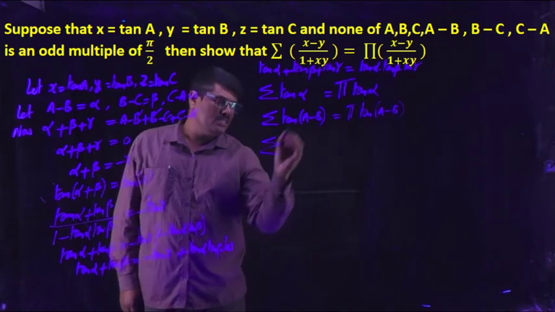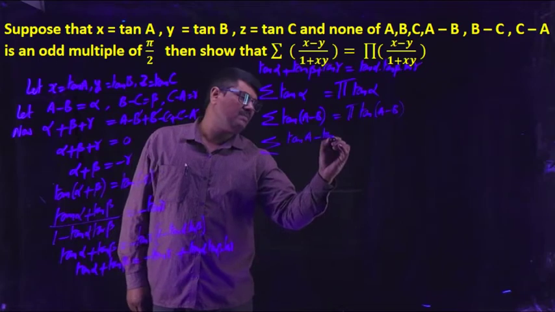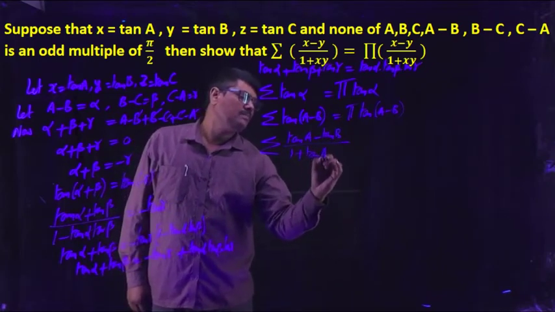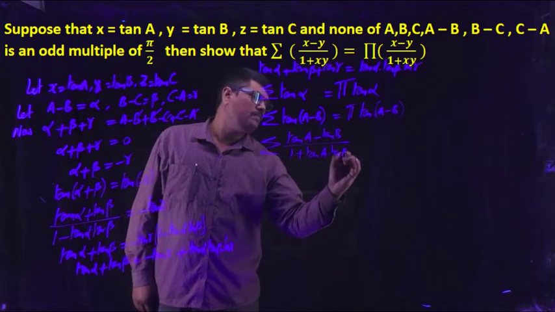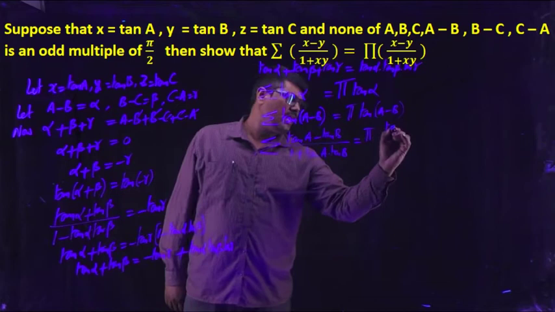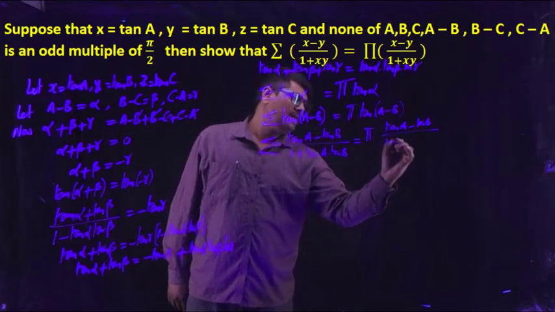Now, what is the formula of tan a minus b? Tan a minus tan b by 1 plus tan a tan b, which is equal to the product. Again, write the same formula: tan a minus tan b by 1 plus tan a tan b.